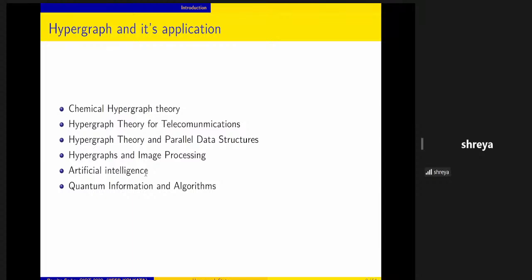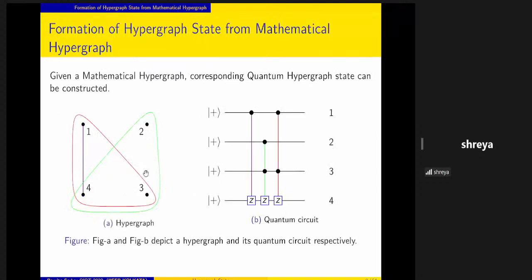Now we will come to some applications. Hypergraph is very much applicable in chemical hypergraph theory, telecommunication, networking, data structure, image processing, artificial intelligence, and so on. Also, people are using hypergraph states in quantum information and algorithms too.